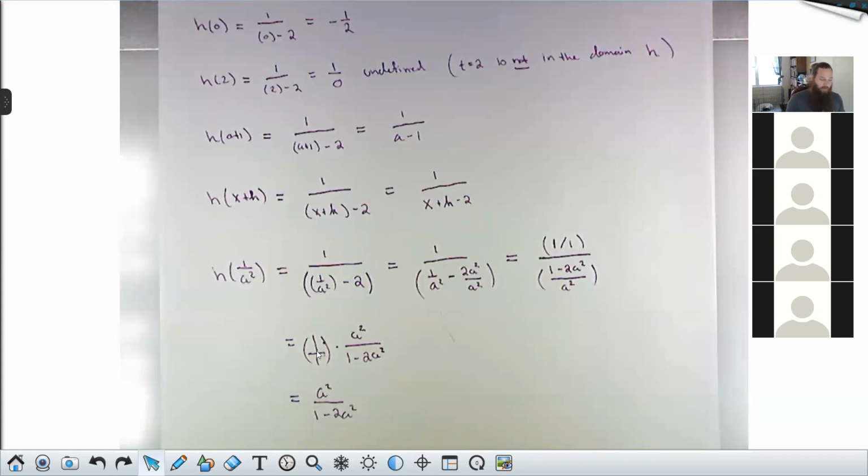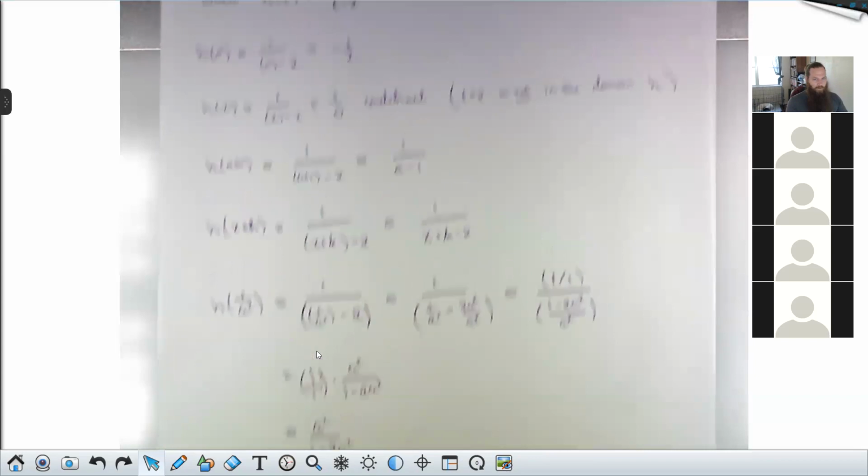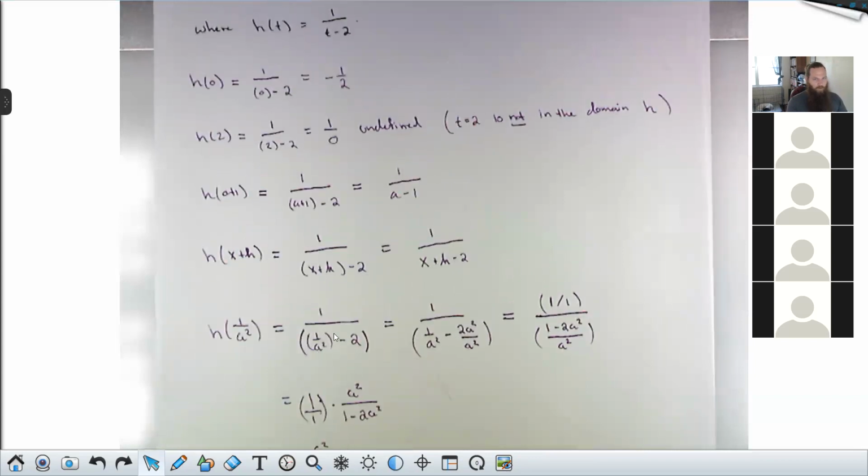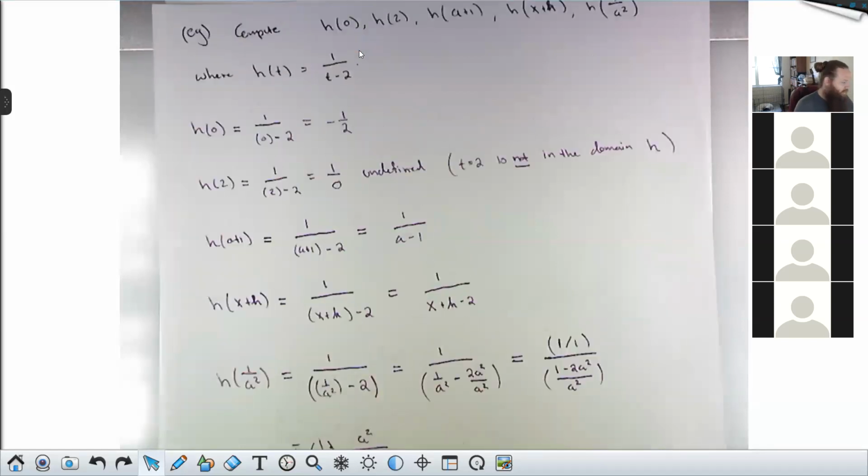But having said that, there are other ways of describing functions. So what I've been doing here, where I give you the formula for the output in terms of the input, like this right here, is called an algebraic description of a function.